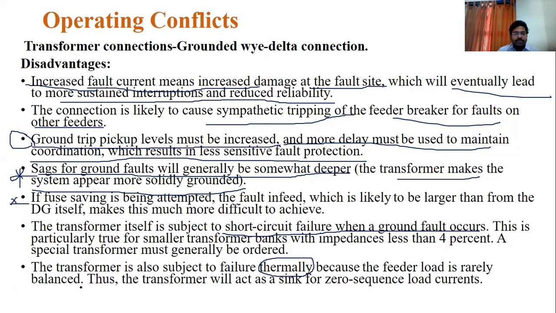It may reduce the performance of the transformer, and it affects whether the relays will operate and the circuit breakers will open the transformer from the main connections. These are some different types of disadvantages while we are using this grounded Y to delta connection. Okay, so these are some cases.